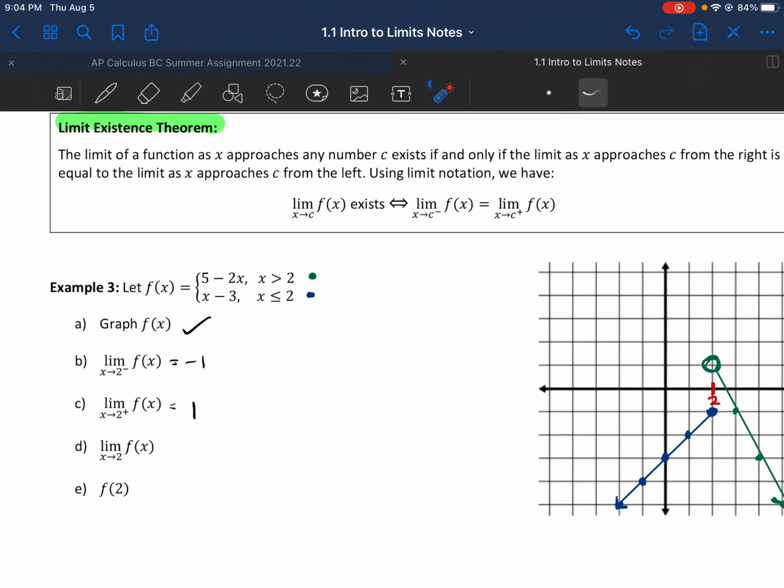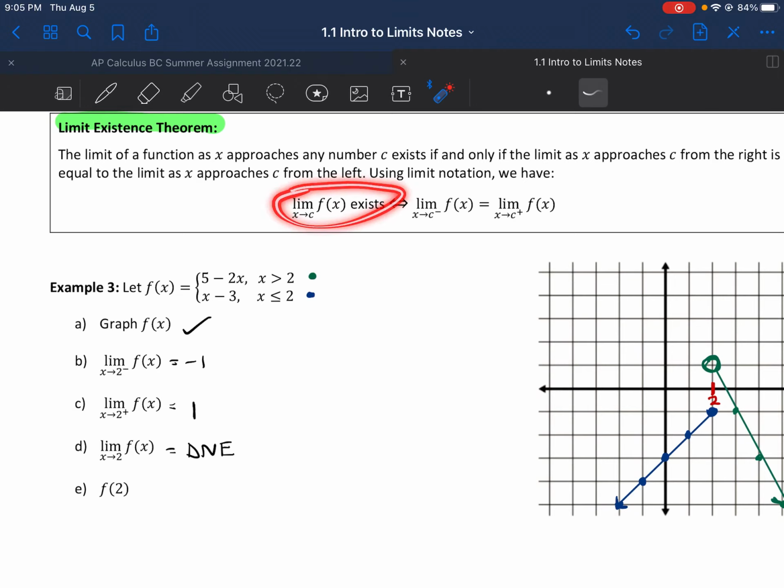So that begs the question: if the limit as x approaches 2 from the left is -1, and the limit as x approaches 2 from the right is +1, then what's the limit as x approaches 2, looking at both sides at the same time? Well, we're going to say that limit does not exist, DNE. The reason is, remember the limit existence theorem.